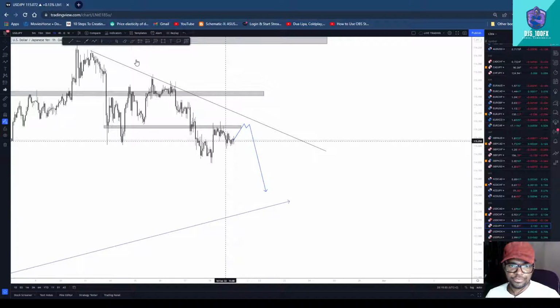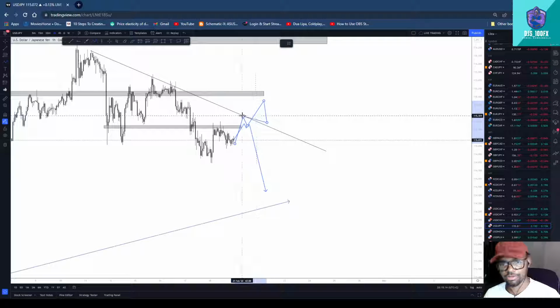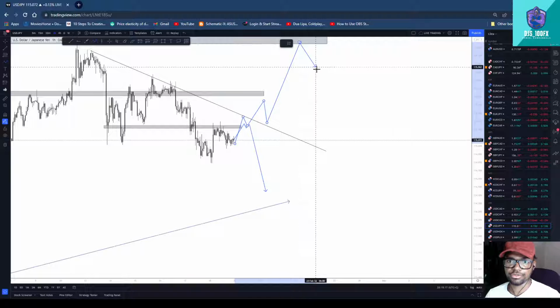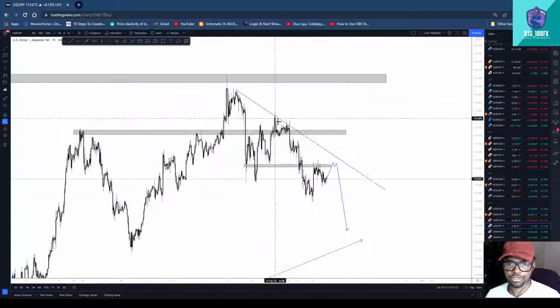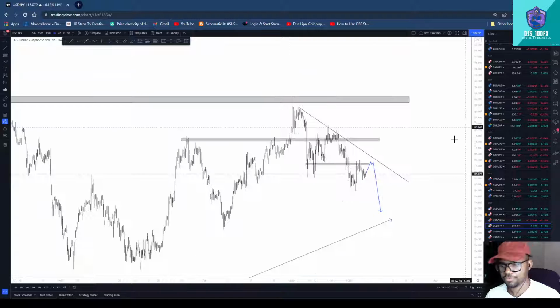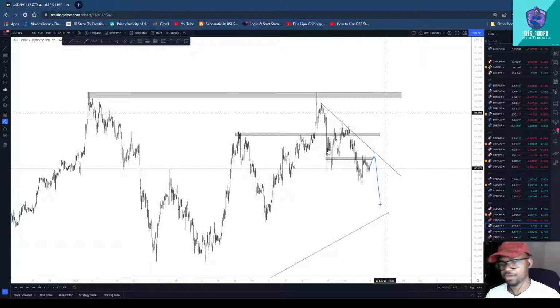If price then breaks this level, retests this level, breaks this trend line, retests the trend line, which could happen at the same level of retest here, then this would be a good sell. Price usually gets to the daily, it creates a triple top or triple bottom, it just depends on what's happening. So this is my analysis for next week.